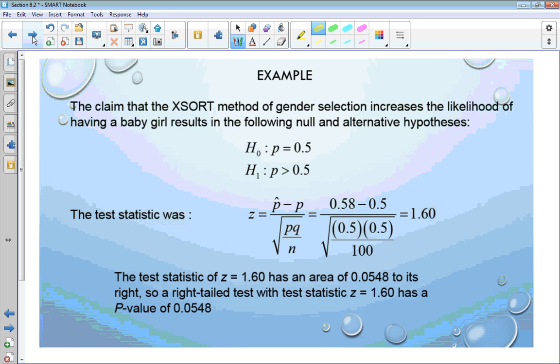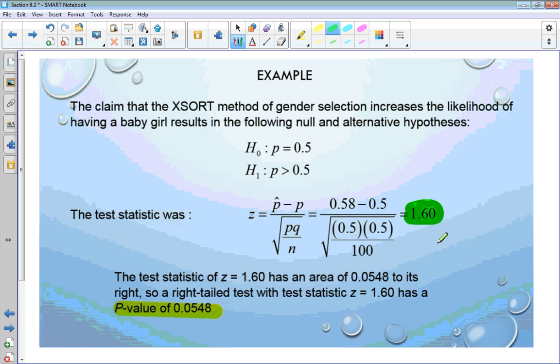If we went to our table or our calculator and found the area, now be careful, we're finding the area to the right of the Z. The p-value, which is the probability, the area under the curve, comes out to be 0.0548. Much like before, when we looked at our z-score, we said we already know that that z-score is usual rather than unusual. In other words, it's not going to be out in that far tail.